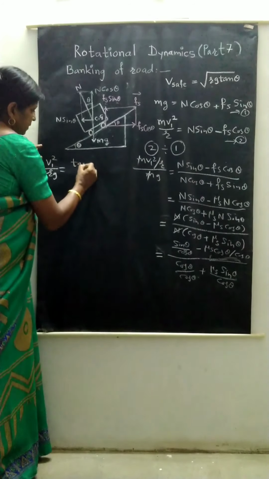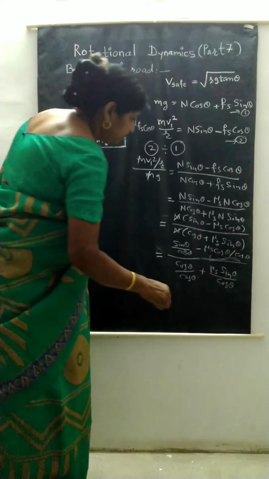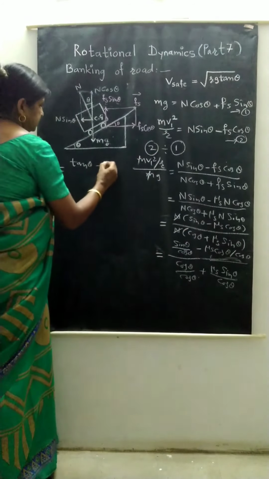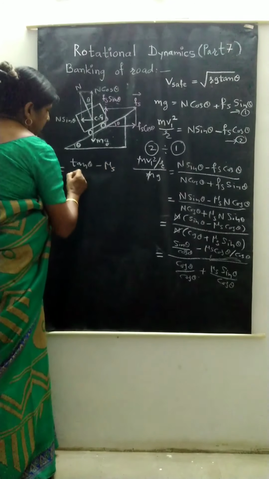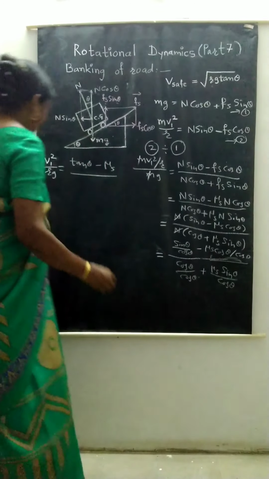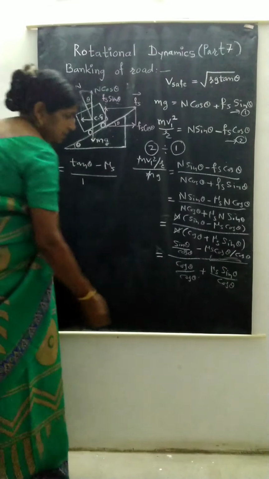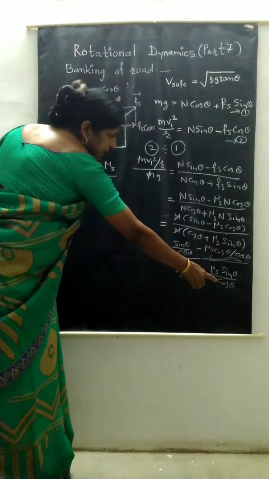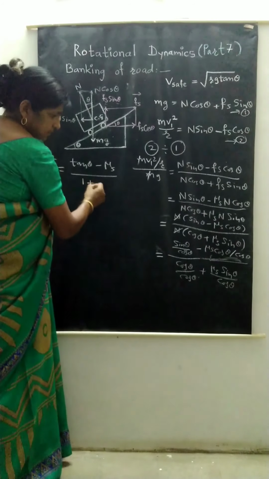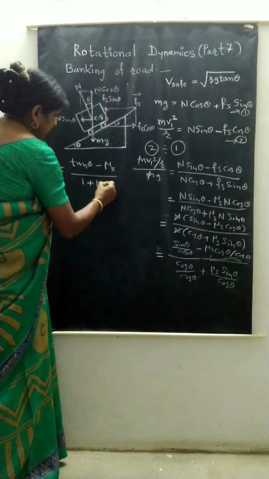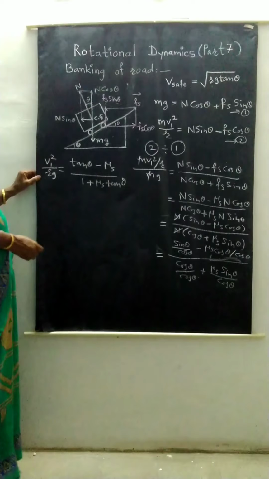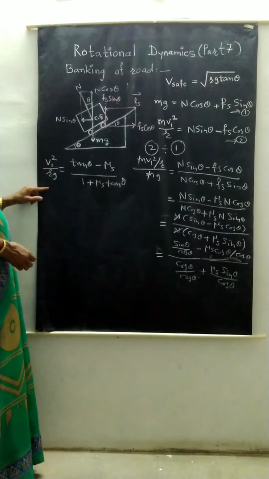So, tan theta, then cos theta cancels, giving us minus mu s, divided by cos theta upon cos theta is 1. Sin theta upon cos theta is tan theta. So, 1 plus mu s tan theta. This is the value of V1 square upon r g.